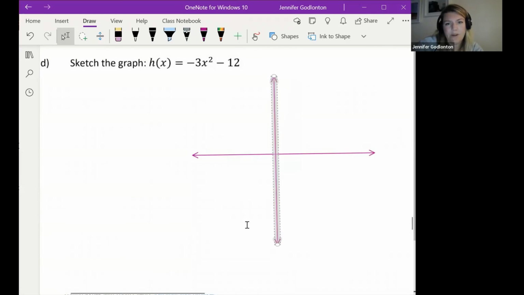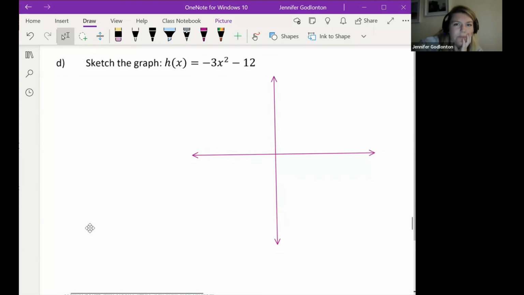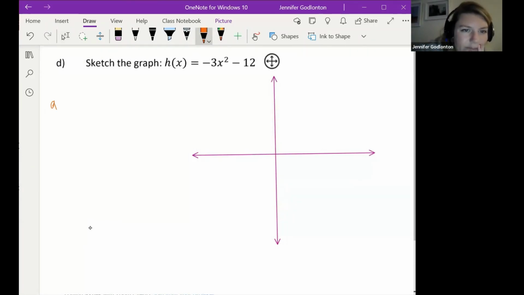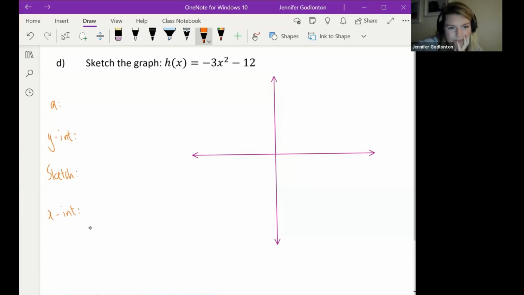And then on Thursday, we're going to try and combine some straight lines and parabolas in one question. If you follow my steps, you'll see why this is such a quick graph.